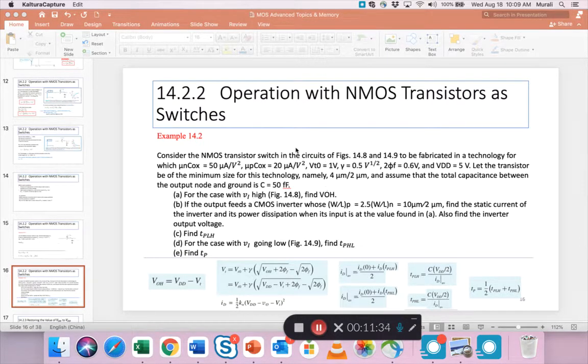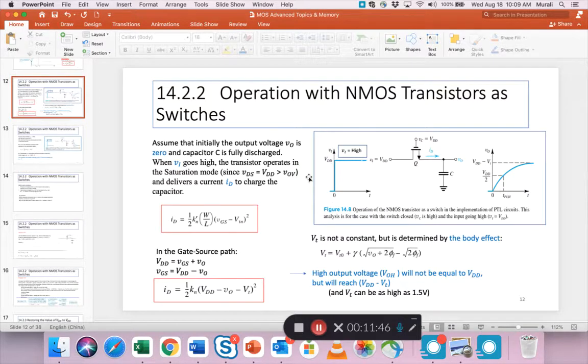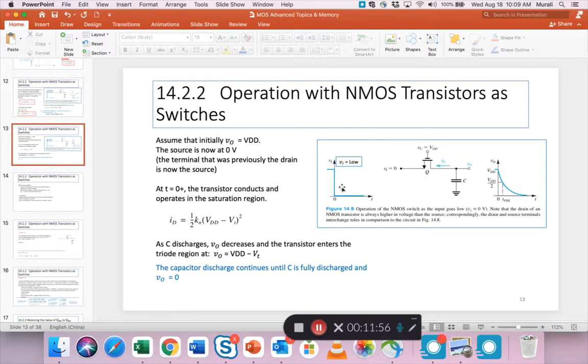Okay. So in the problem statement, it talks about both circuits, 14.8 and 14.9, which refer to 14.8 is this single NMOS switch when the input is going high, and 14.9 is when the input is going low.